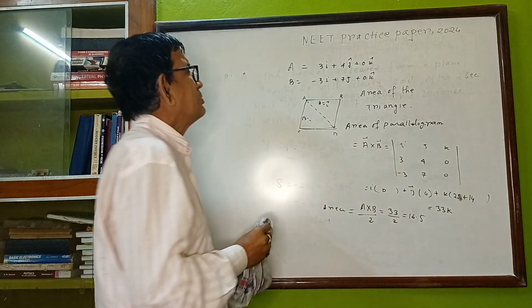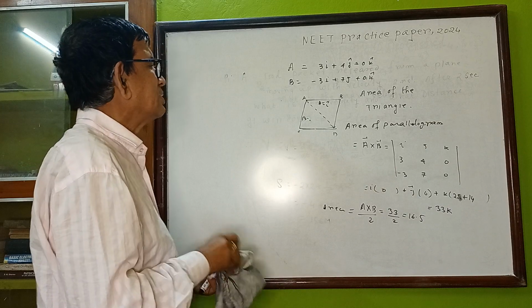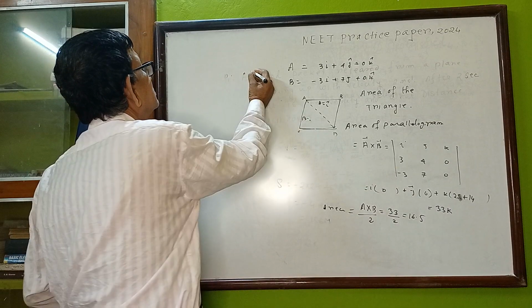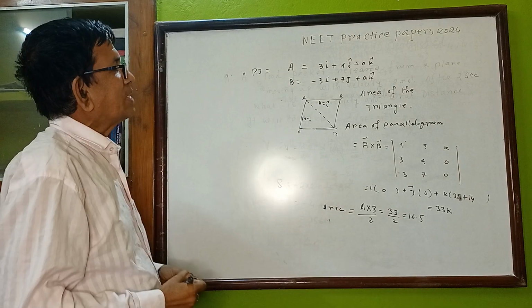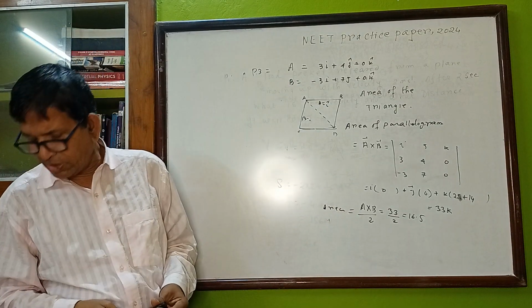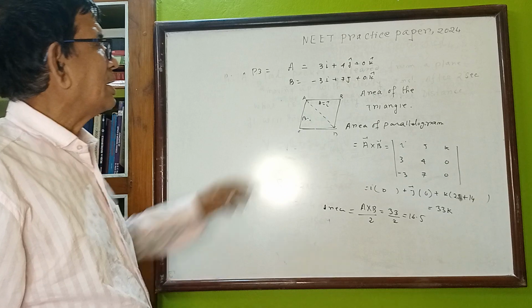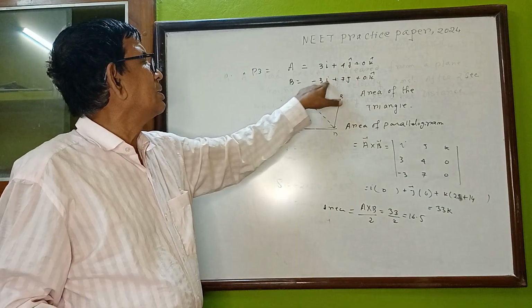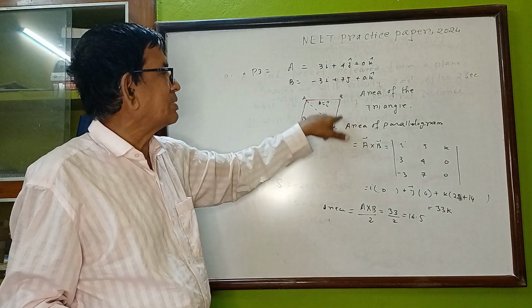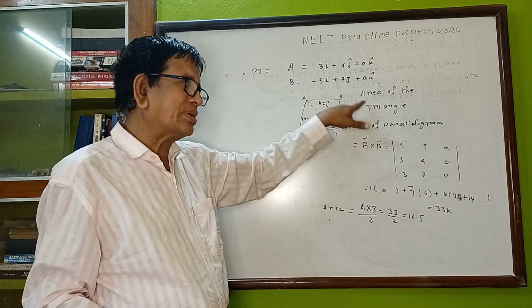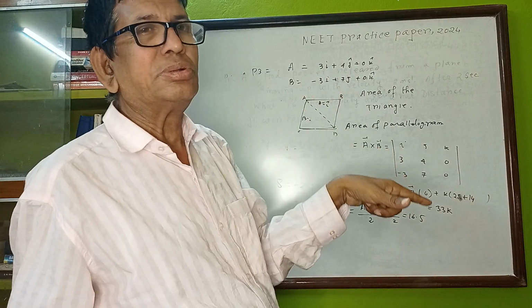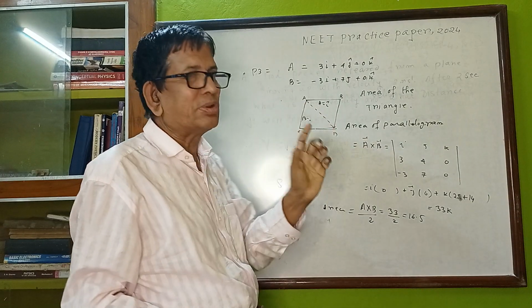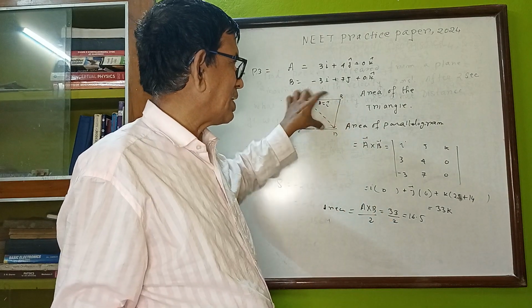Then problem number 3 is done. So again I am telling you, if two sides of a parallelogram are given, you take the cross product, then take the magnitude, then half of that magnitude, because a diagonal of the parallelogram will give you the area of the triangle.